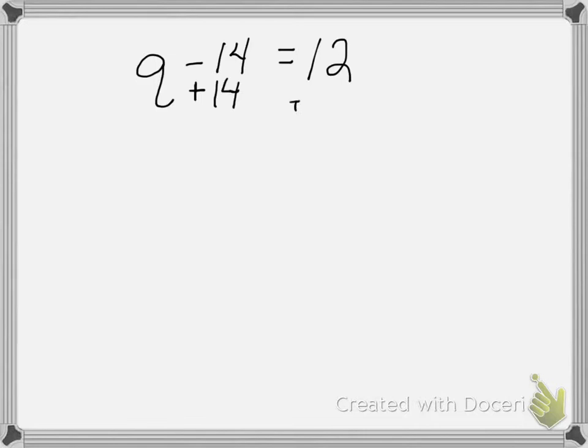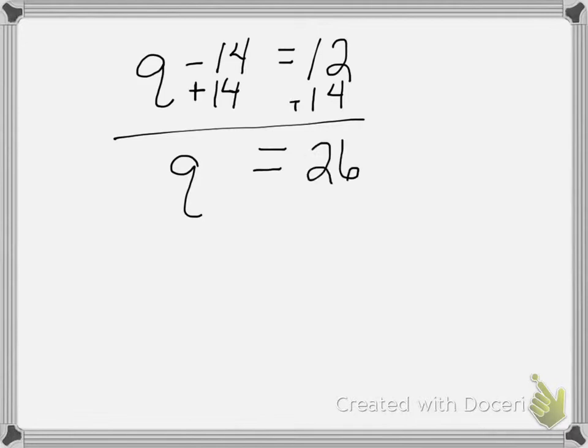So I'm going to add 14 on this side of the equal sign. I have q here, plus 0, we don't need to write that, equals 12 plus 14, which is 26. So we added 14 to both sides, which got rid of it on one side, moved it to the other, and it remained equal.